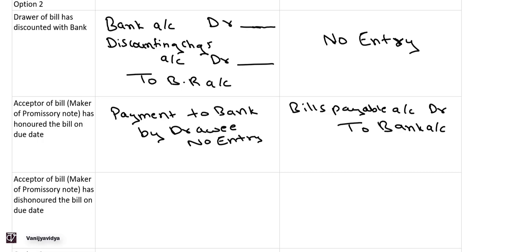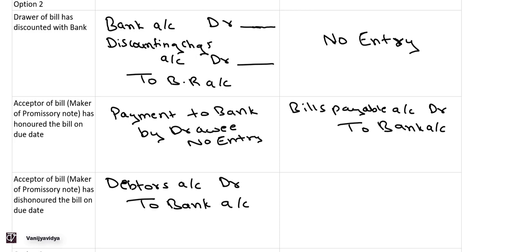So in this case, the entry will be debtors account debit to bank account, because the payment is made to the bank directly. The bank brings the bills receivable to the drawer and takes the payment.